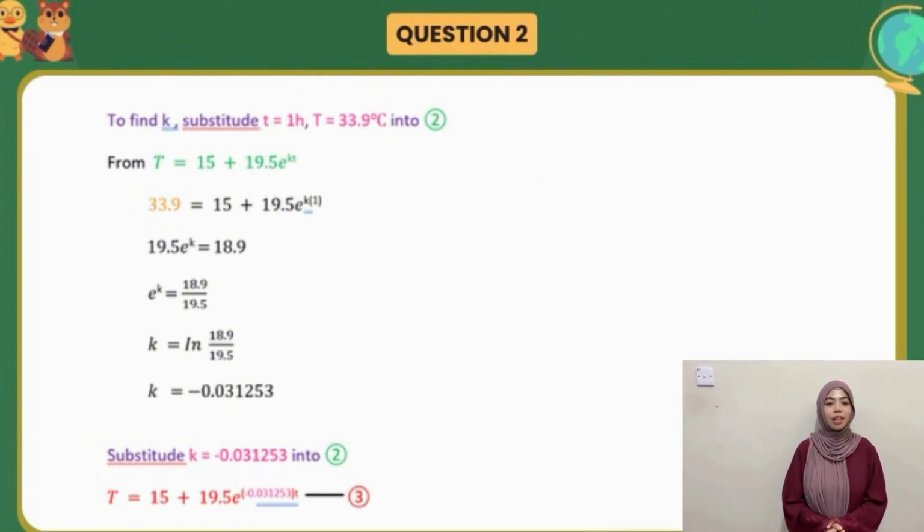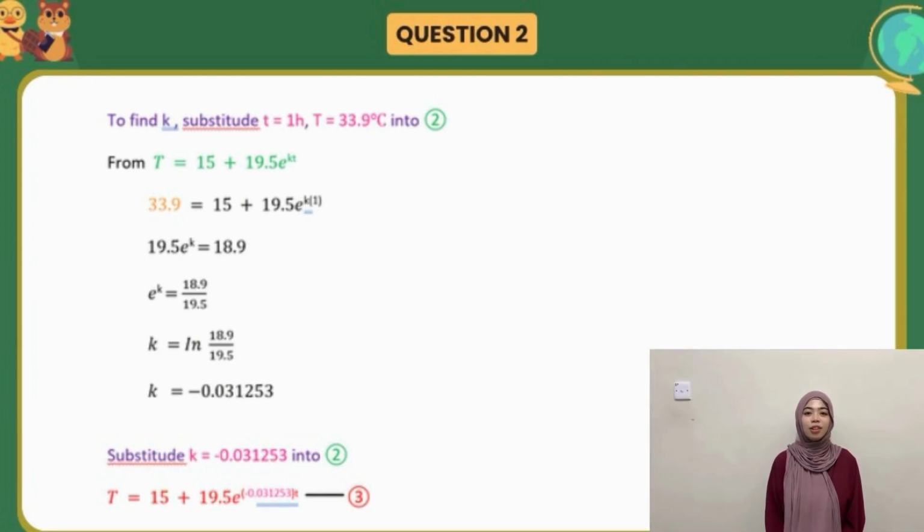So, from T equals 15 plus 19.5 e^(kt), substitute the values, and we get k equals negative 0.031253. After that, we substitute the value of k into equation 2, and we get T equals 15 plus 19.5 e^(negative 0.031253t), and we can call this equation 3.